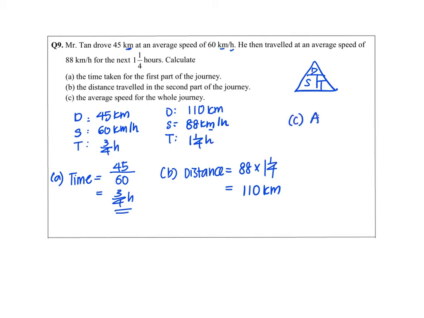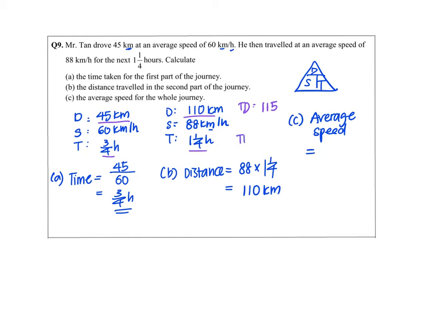So we know that average speed equals total distance divided by total time. What is the total distance over here? So I have made a record. 45 plus 110. Total distance will be given by 155. Then what is the total time taken? 3/4 of an hour plus 1.25 of an hour.